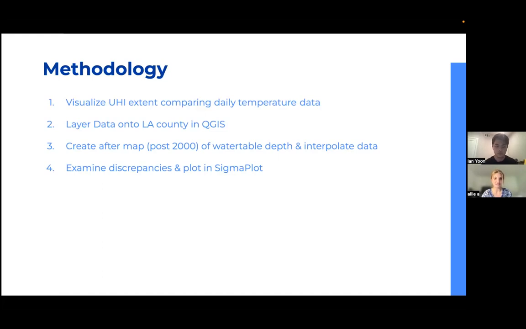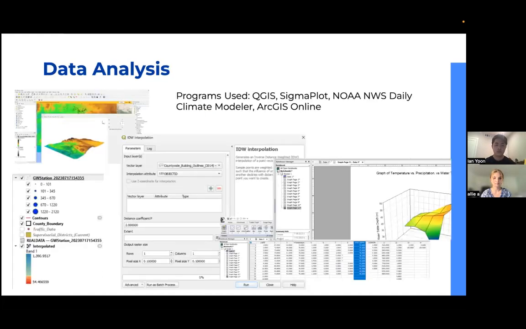We layered that data onto LA County in QGIS, and we created a map after 2000 of water table depth, and we interpolated that data. And finally we examined the discrepancies in SigmaPlot. A lot of our data analysis was done through these programs: QGIS, SigmaPlot, NOAA, and ArcGIS Online. And this is just a very brief overview of some screenshots that I took while doing the data analysis.